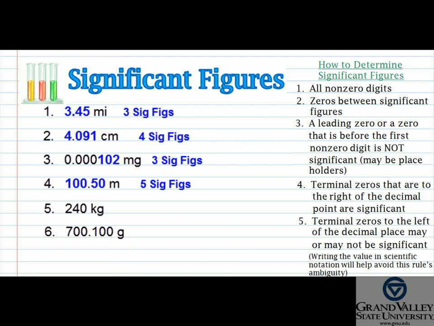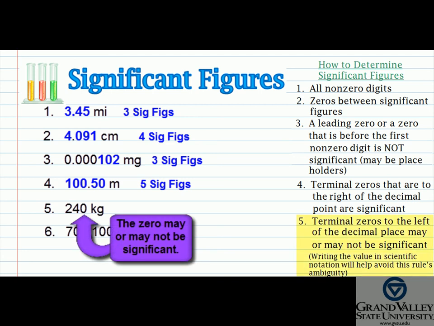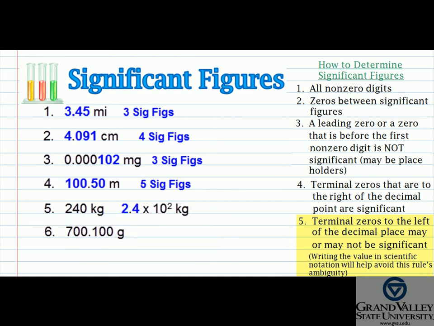Since there is no decimal point and there is no information given regarding the measuring device used, the 0 in 240 may or may not be significant. Writing the value in scientific notation will help avoid misinterpreting the wrong amount of significant digits. Using scientific notation, this value has 2 significant figures.